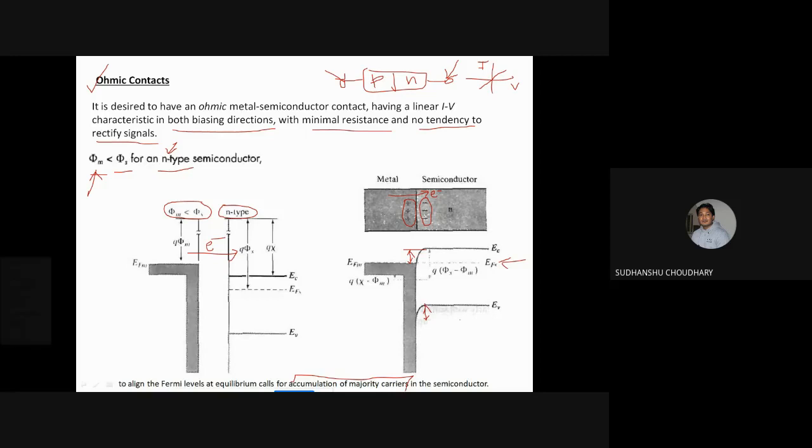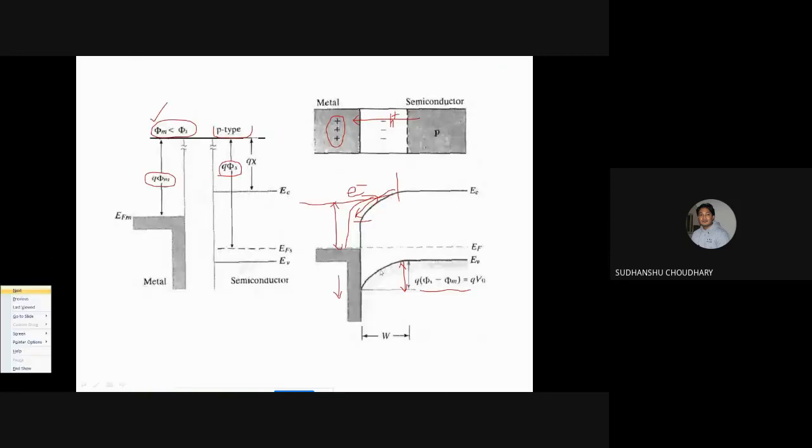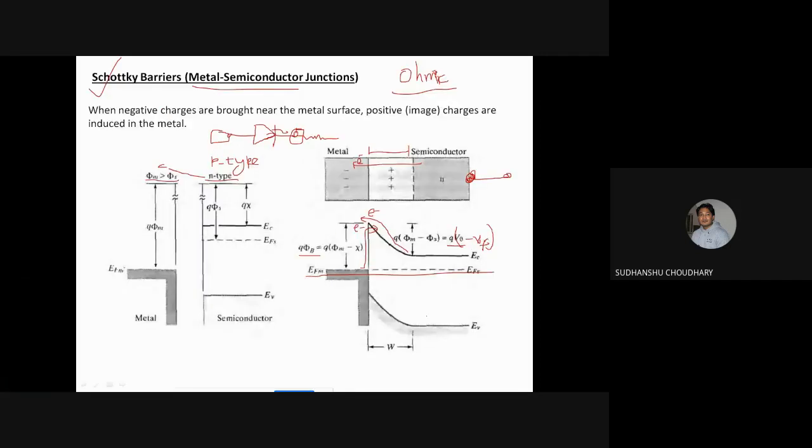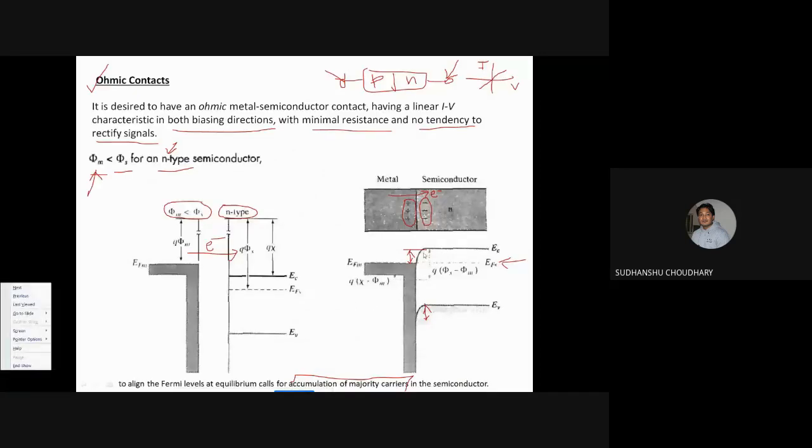Okay. Now, this barrier is very small compared to the barrier which was seen in the previous two cases. Okay. Now this type of contact is called an ohmic contact, because there is a very small barrier which can be overcome by a very small bias voltage.